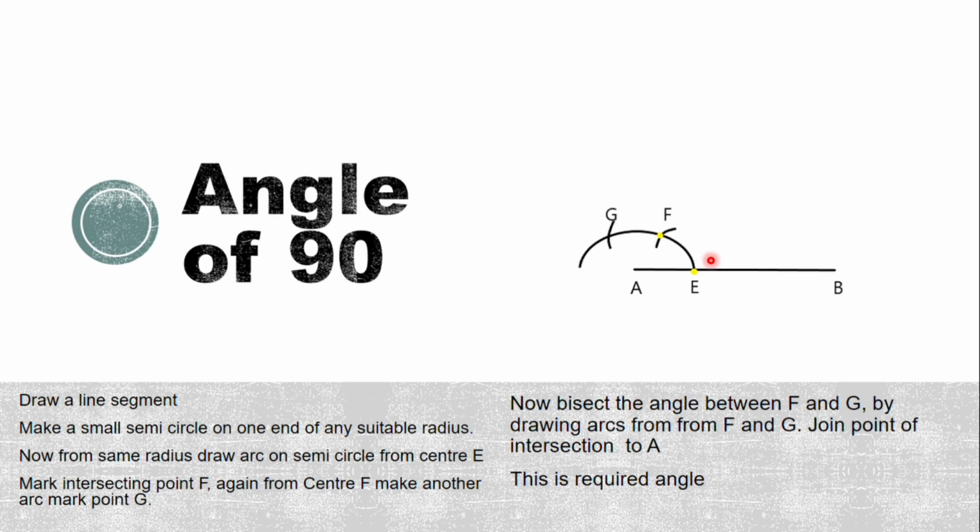Now if we add 60 plus 30, it will give us 90. That means that we want a 30 angle between F and G.